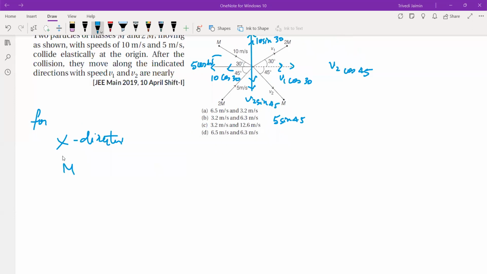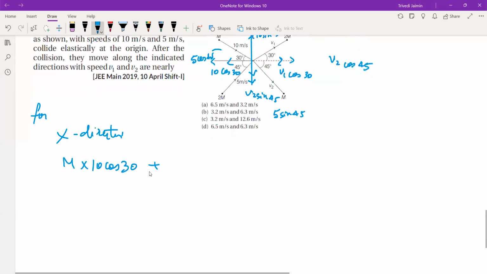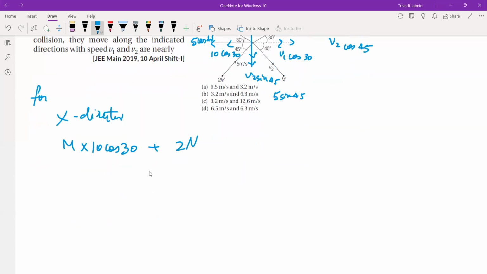M into, we have 10 cos 30, plus next what is given, 2m into 5 sin 45, which is equal to m into V2 cos 45.